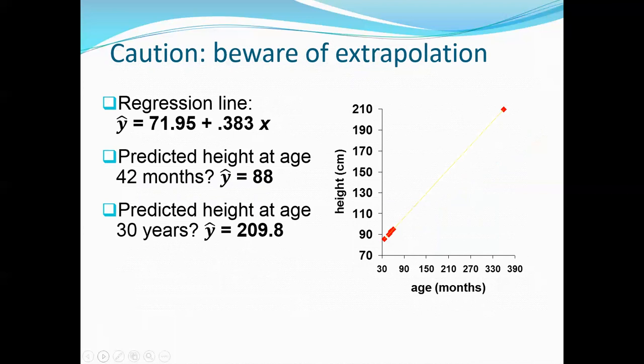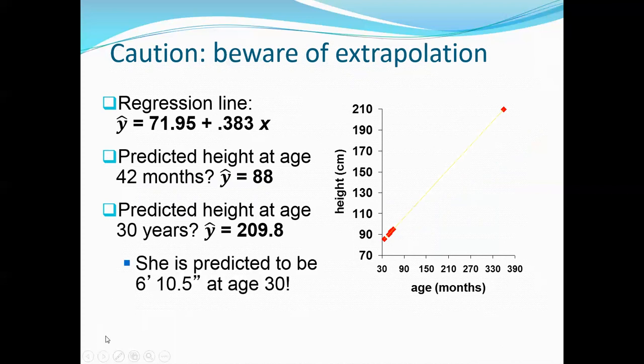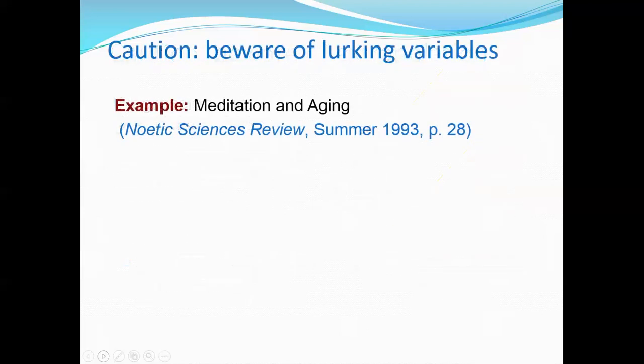Because according to the best fit line of the data we were given, her height is estimated to be 209.8 centimeters. So she's predicted to be 6'10" and a half at age 30. So unlikely. Extrapolating is trying to make predictions on X values that aren't part of your data set or aren't in the range.